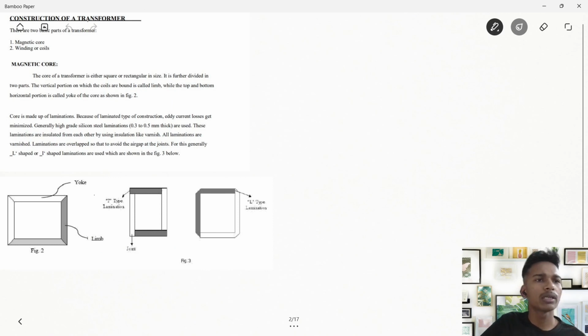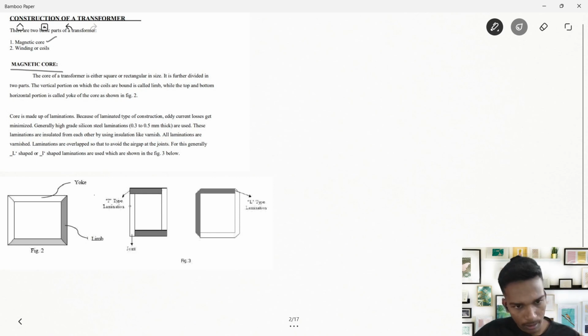Now we will look at the construction of a transformer. A transformer mainly contains two parts. One is the magnetic core, and another is the winding or coils. First, we will discuss what is meant by magnetic core. The core of a transformer is either square or rectangular in size. It's further divided into two parts. The vertical portion on which coils are wound is called the limb, while the top and bottom horizontal portions are called the yoke of the core.